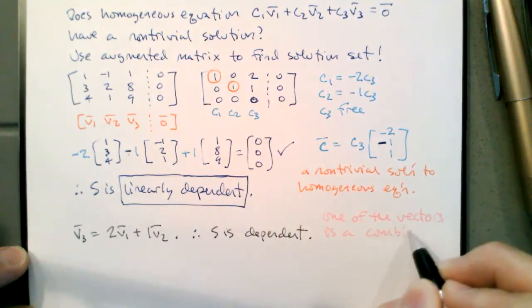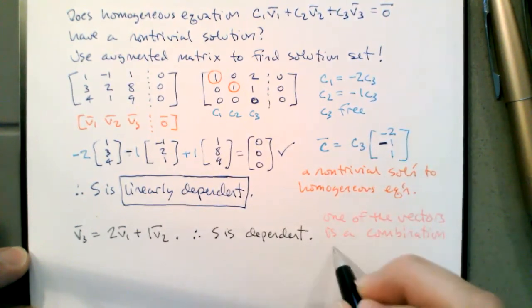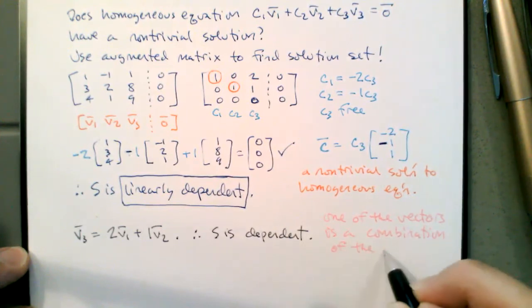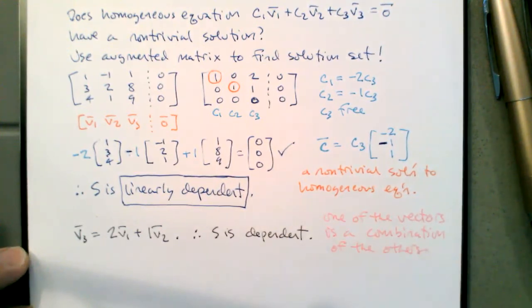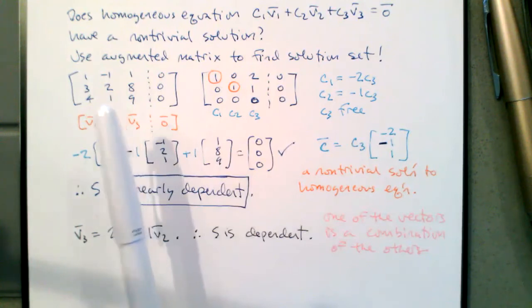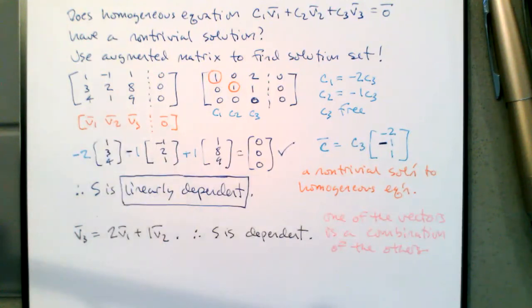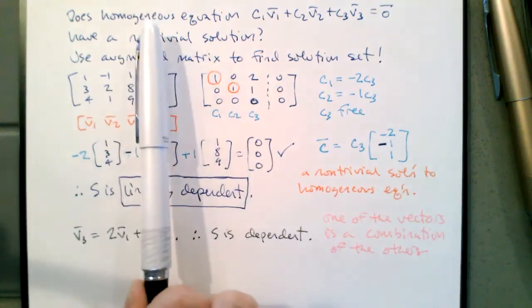Professor, I have a question. How did you get the coefficients for V1 and V2? So I got the coefficients for V1 and V2 from the augmented matrix. I thought about what combination of V1 and V2 will equal V3. So I looked at the augmented matrix that I had before, and said, hey, what if that V3 column was the constant column instead?